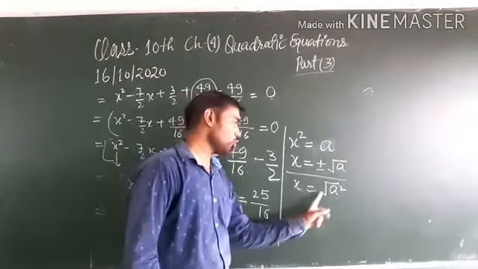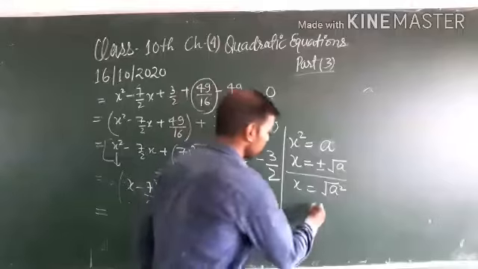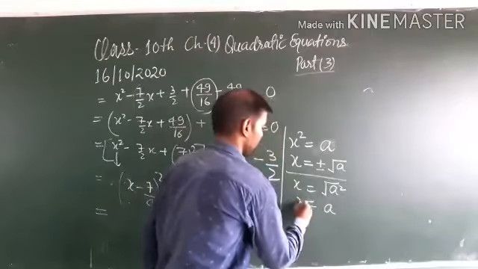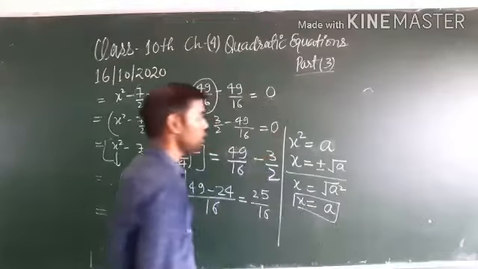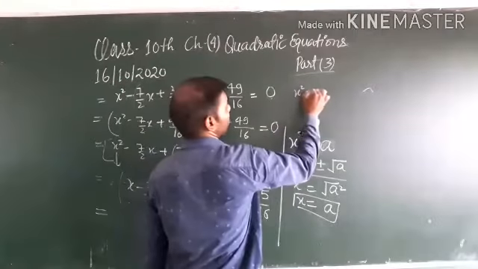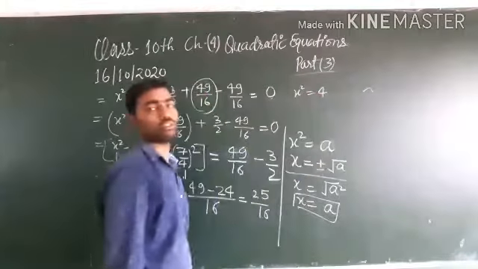If x is equal to square root a square, it means we only get a. For example, if x square is equal to 4, what we get? We get x is equal to plus minus root 4, so x is equal to plus minus 2, because the square of plus 2 is also equal to 4 and the square of minus 2 is also equal to 4.